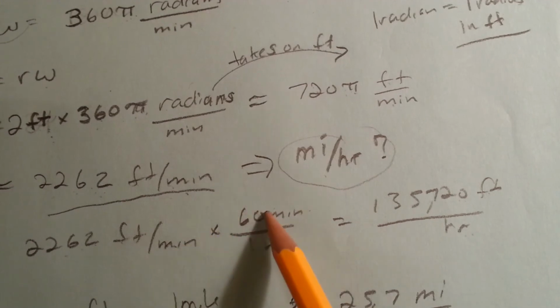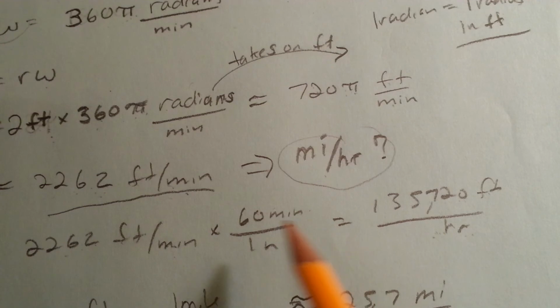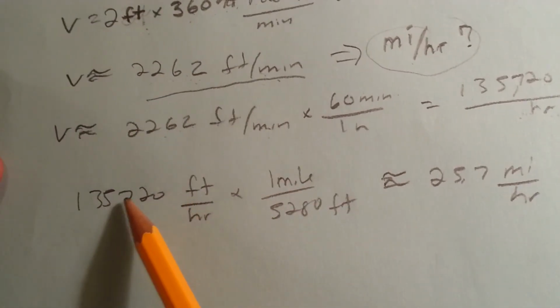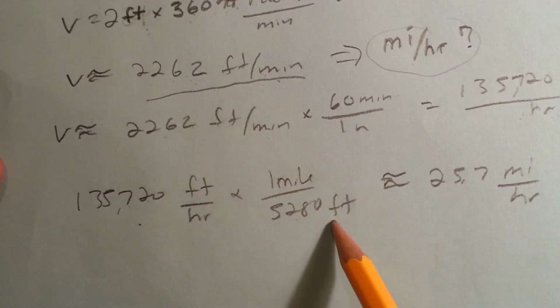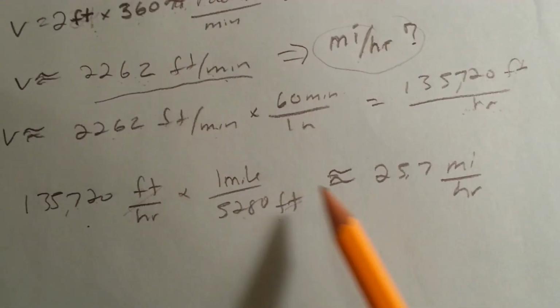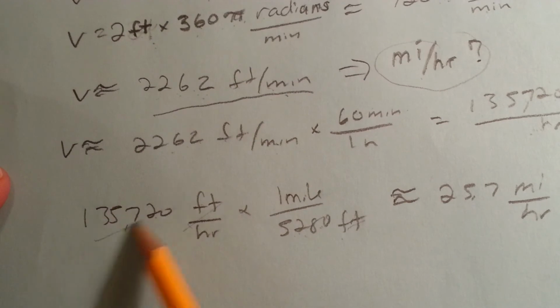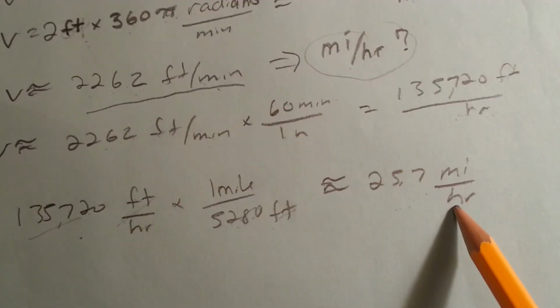I converted minutes to hours in the denominator. Now I have to do what? 135,720 feet per hour times 1 mile, which is how many feet? It ends up being times 1 mile over 5280. So this divided by this gets me approximately 25.7 miles per hour.